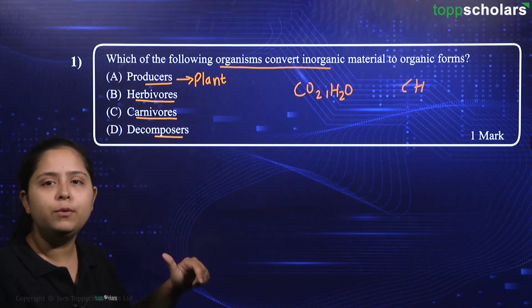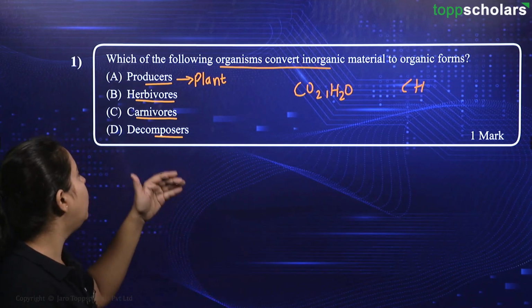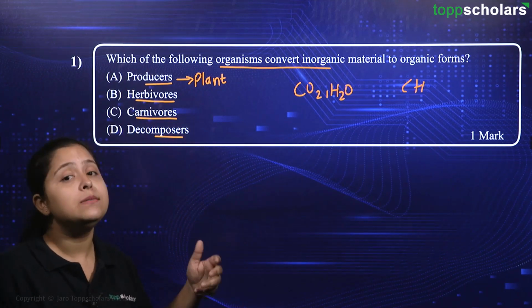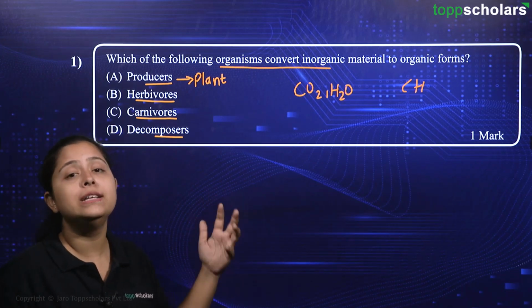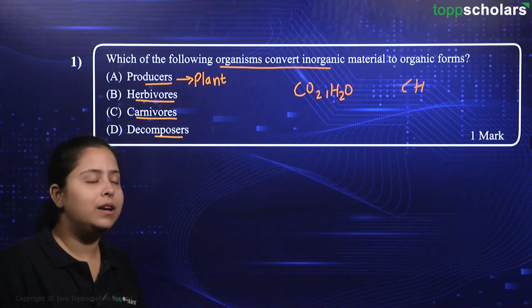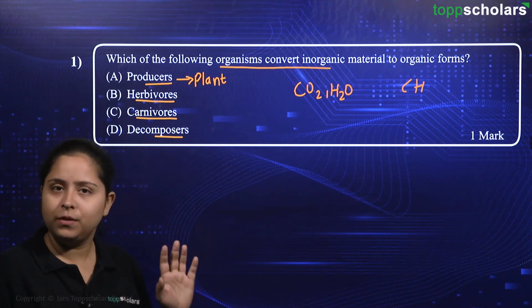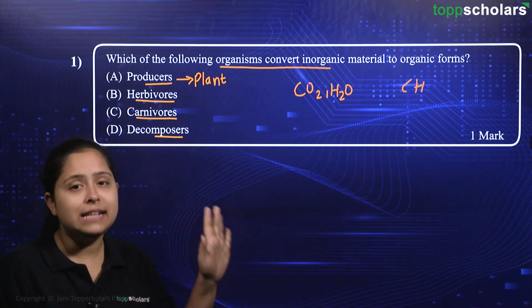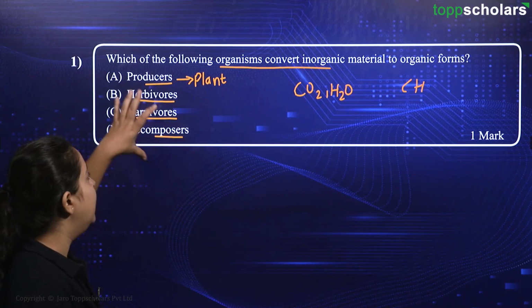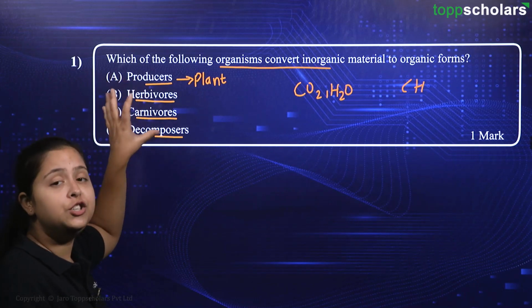What do you mean by decomposers? Yes, after the death of the producers, herbivores, carnivores, the dead remains of these large organisms are being decomposed by a set of organisms called decomposers. So friends, in your exam paper, you might be having different kinds of questions, but the concept behind this question should be clear to you.